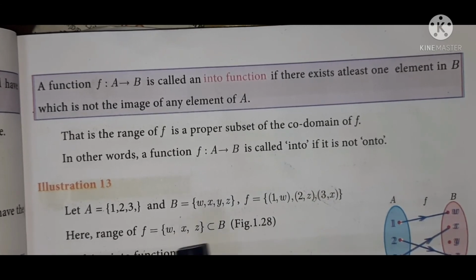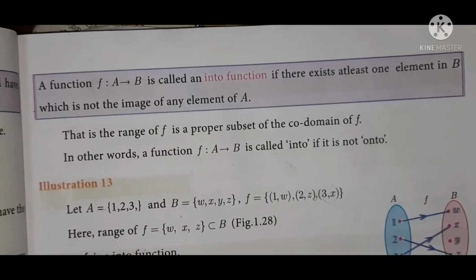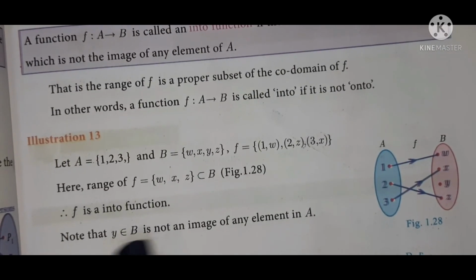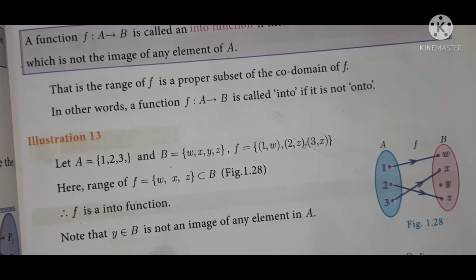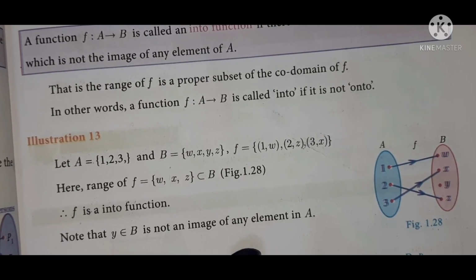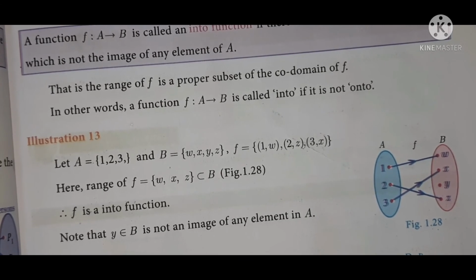The range is w, x, z. y is left out. So it is an into function. Therefore, f is an into function. Note, y belonging to B is not an image of any element in A. That is why it is called an into function.